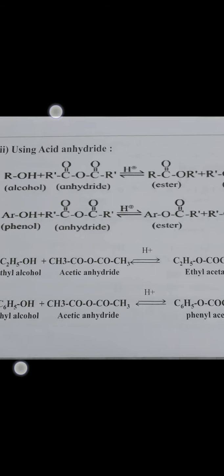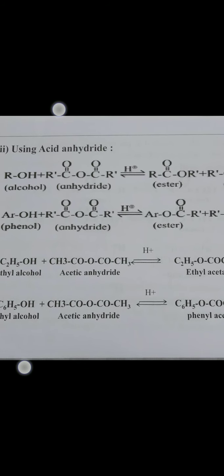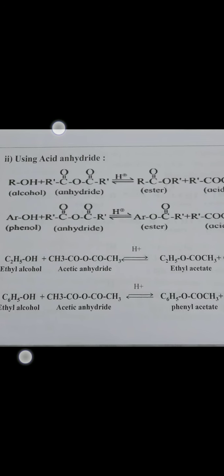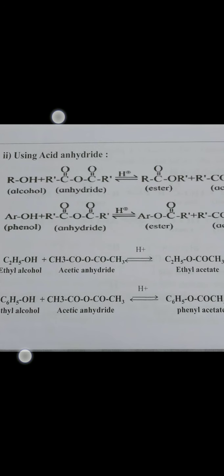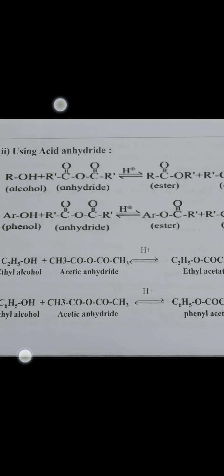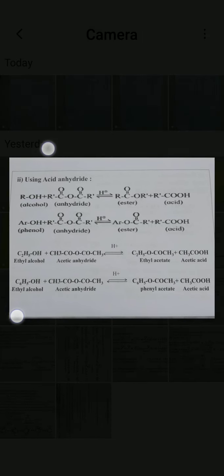Esters can also be formed using acid anhydrides. Alcohols or phenols react with an acid anhydride to form esters. For example, C2H5OH plus (CH3CO)2O, which is acetic anhydride, gives CH3COOC2H5, that is ethyl acetate, along with CH3COOH, that is acetic acid.